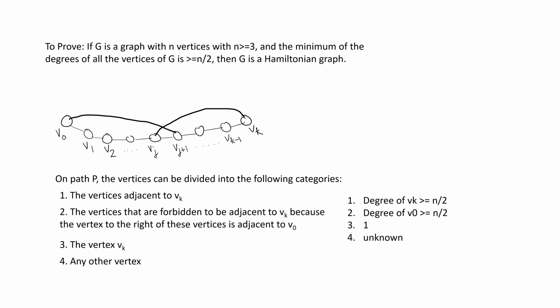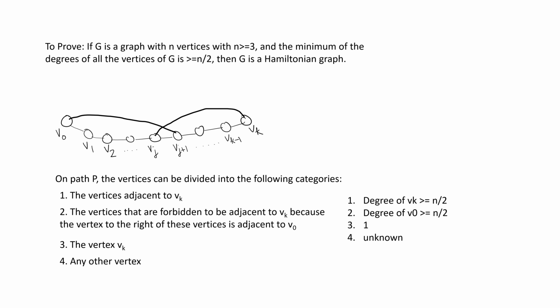There may be some vertices which are not forbidden to be adjacent to Vk, but they are also not adjacent to Vk. So we don't know what the number is. That number in the fourth category can be 0 or more, but we know the number in the other 3 categories. The number in category 1 will be equal to the degree of Vk.